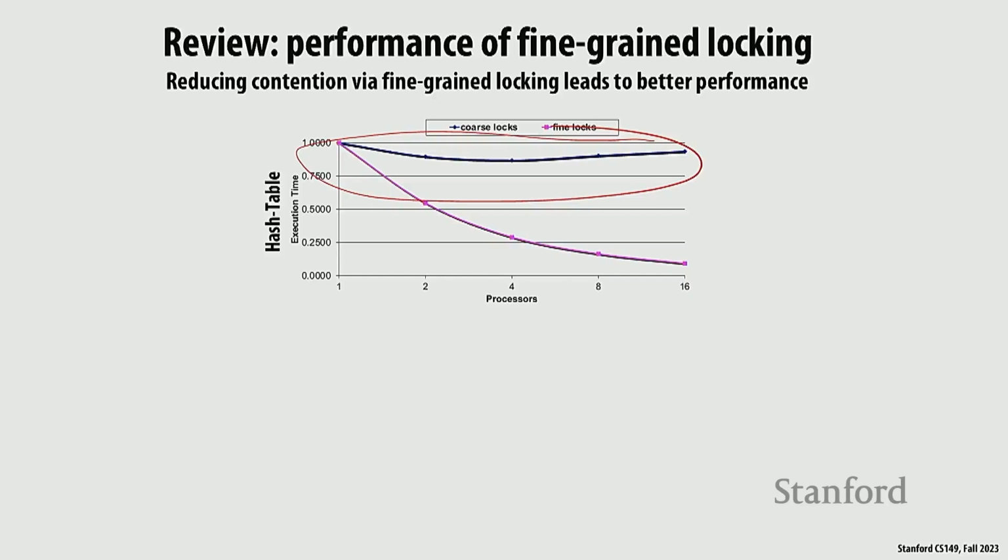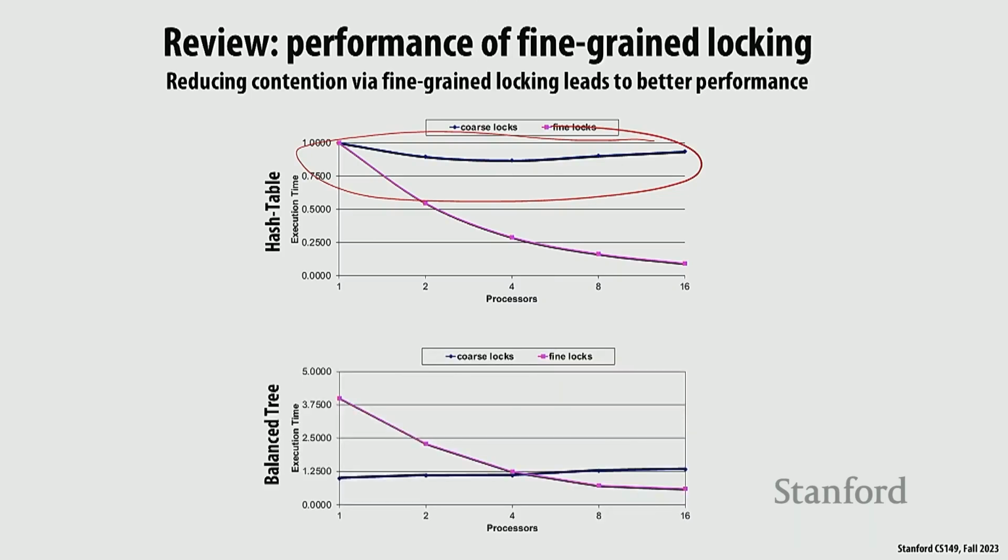However, with fine-grained locks, we do see this improvement in performance as we increase the number of processes. So this is all good, right? So thumbs up for fine-grained locking because it's always a win. Is it always a win?